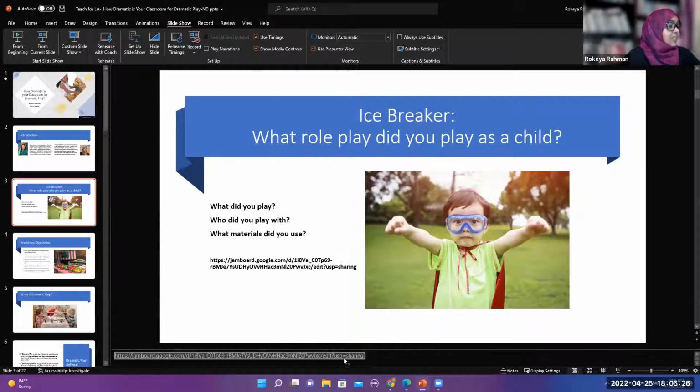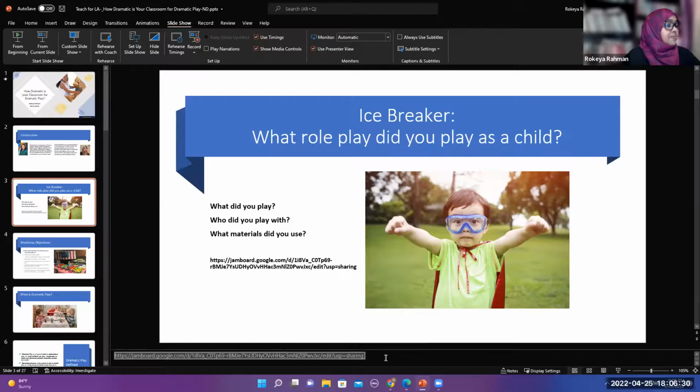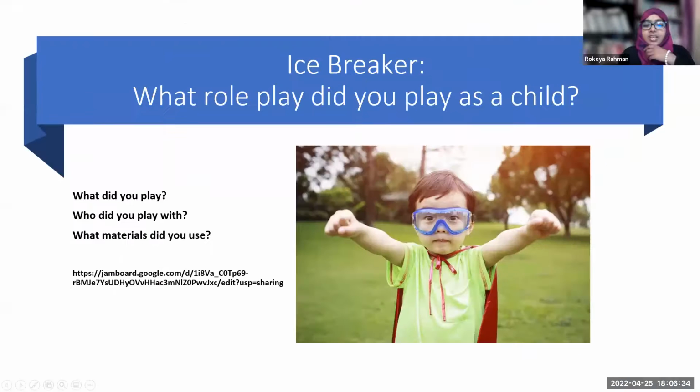I forgot to copy it. Okay, so I'm going to share a link in the chat box. Feel free to log in. You can go and log in to that link.